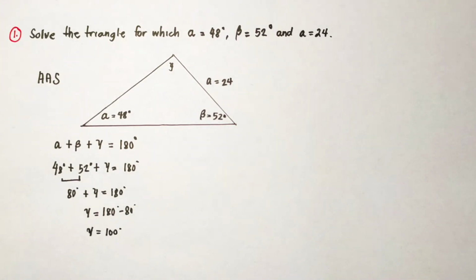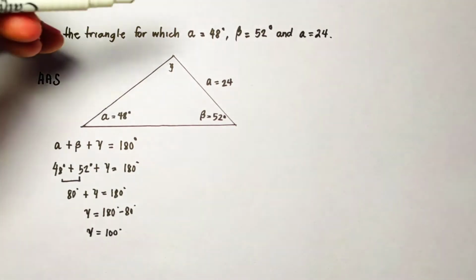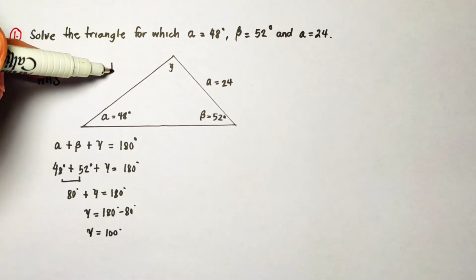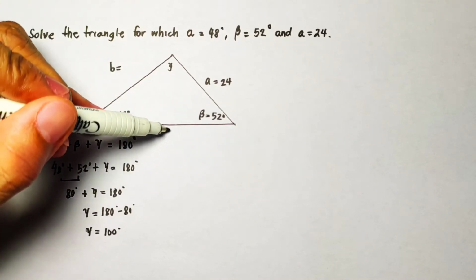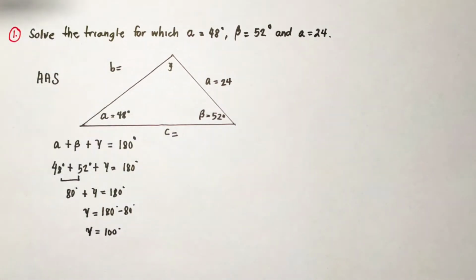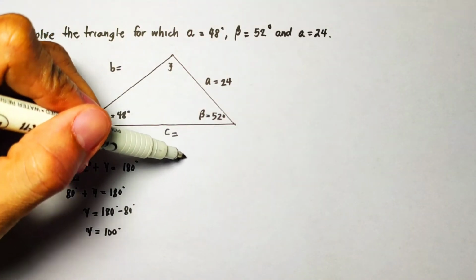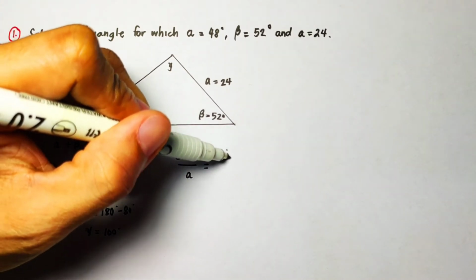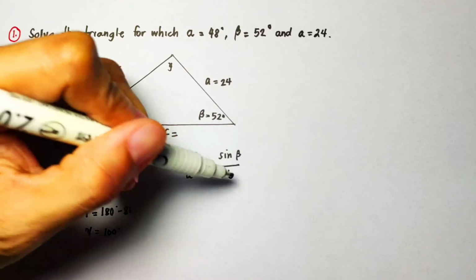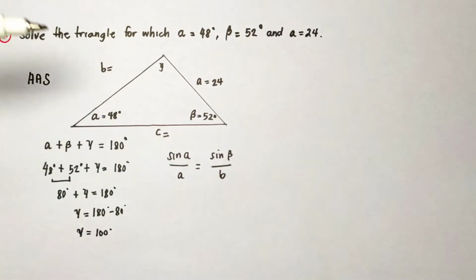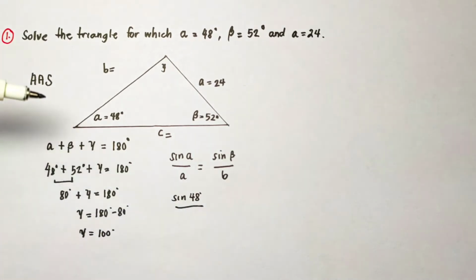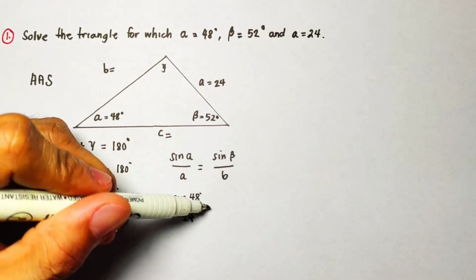Okay, so next, to find the measure of this side, which is B, and this one, which is side C, we can apply the law of sines. So from sine alpha over side A equals sine beta over side B. The value of alpha is 48, so let's substitute. The value of side A is 24.